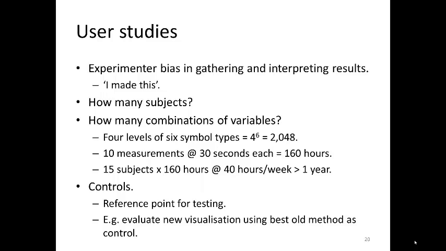So now we're up to 160 hours worth of evaluation time. And if you want to do that with 15 people working as fast as you can reasonably before you have to start paying them a pension, then you are going to take about a year to perform your visualization.